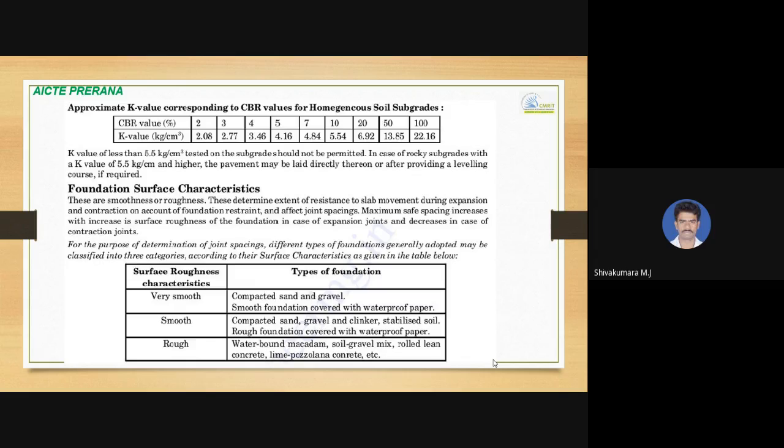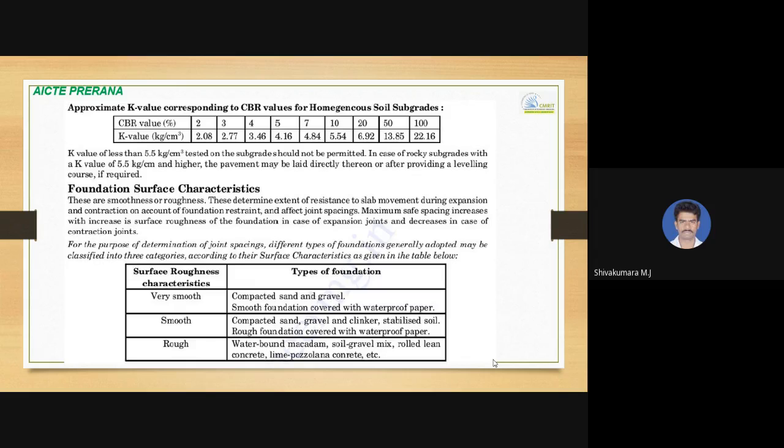For the purpose of determination of joint spacings, the different types of foundations generally adopted may be classified into three categories according to their surface characteristics: very smooth, smooth, and rough. If it is very smooth, it is a type of foundation with compacted sand and gravel, smooth foundation covered with waterproof paper.